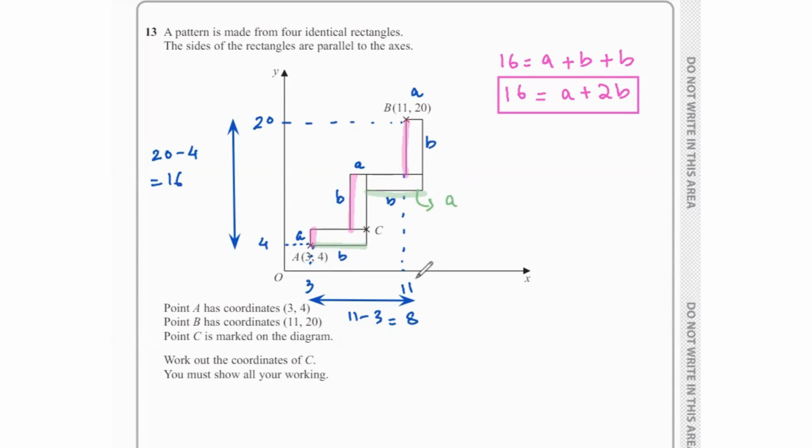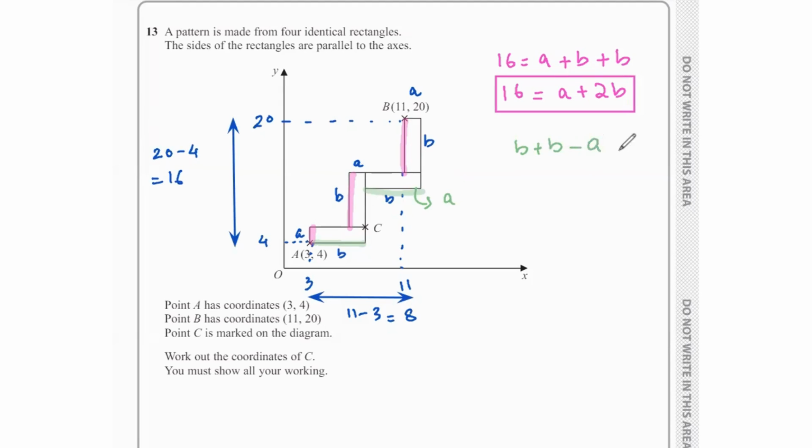It's not the entire rectangle. So we will do B plus B minus A equals 8, because this is where we stop. So we subtract this A from here. That's 2B minus A equals 8. This is your second equation.